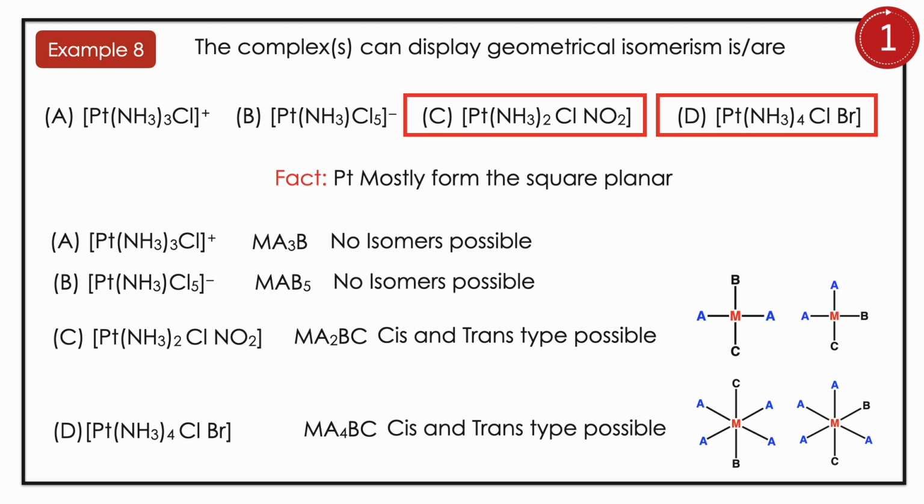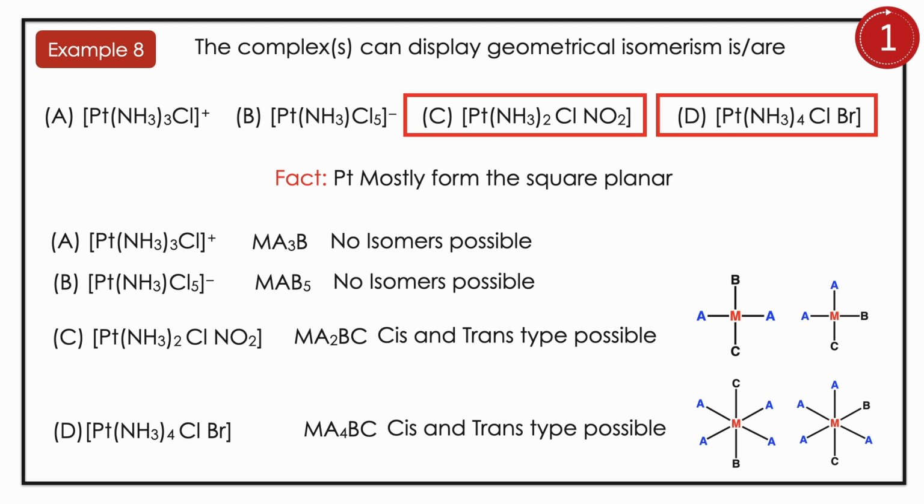If you look at C, it has an MA2BC system, so cis and trans types are possible. So that could be our answer. Then D, platinum with 3 different ligands, an Ma4BC system. So it can form cis and trans types of structure, so it can form 2 different isomers. So our answer is C and D because they can have geometrical isomers.